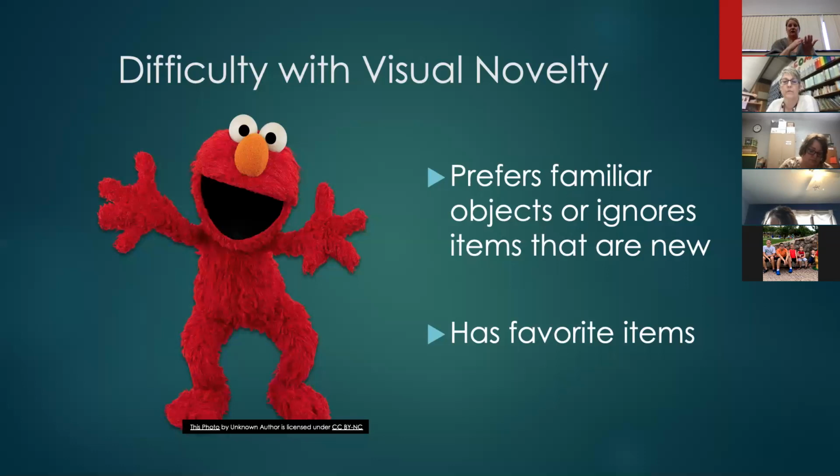It can take a lot of time to transfer from a 3D object to something embedded. You've seen pop-up books, so they might have something embedded into the book where the child can touch it, but it's not a fully developed 3D object, and then to a flat photograph. That's a process, and that's oftentimes very difficult for CVI kids.